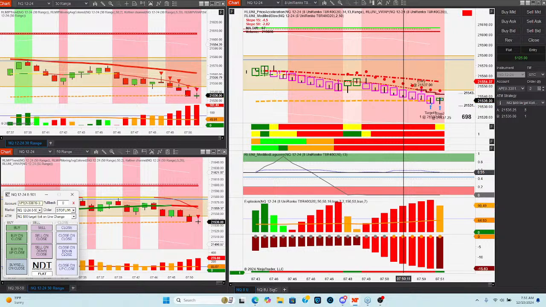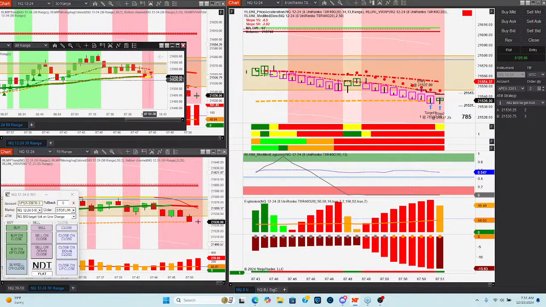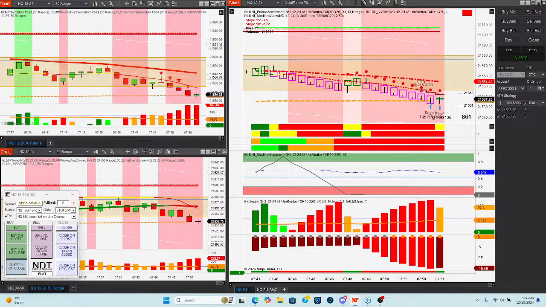Well, my 50, my 89 is holding this up. You see it right here, the 89. It's pink, but it might do it, but it's holding it up right now. Plus, it's the VWAP. You know, you need to be sensitive to that. You trade out of it.